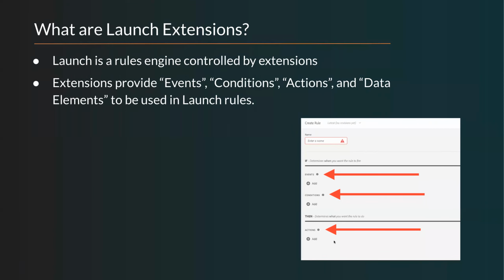Extensions are the thing that provides those things. So extensions provide events, conditions, actions, and data elements that launch is using within its rules. If we load up a brand new property in launch, we are going to get the core extension. So from its core, launch is built as that rules engine with at least that one extension.